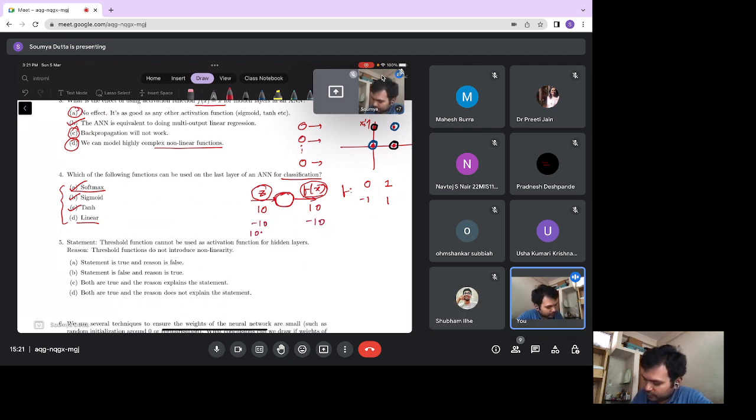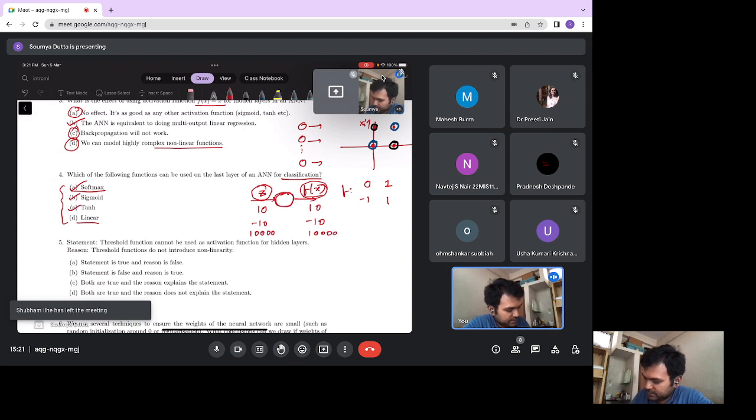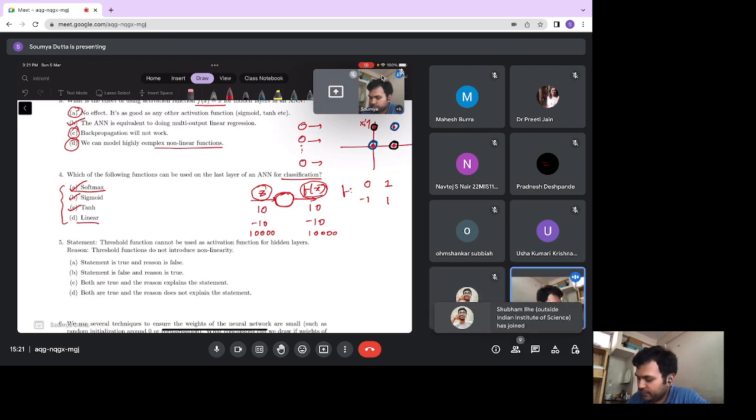Similarly, if you have a value of 10,000, you will have a value of 10,000 here, and therefore this output won't fit well with a classification task, because in classification you have to say that either this particular input belongs to this class or to the other class, and therefore linear is not a correct option. However, you can use softmax, sigmoid, or tanh.